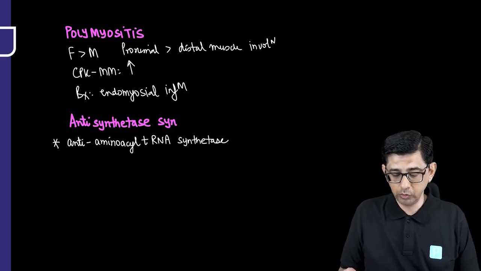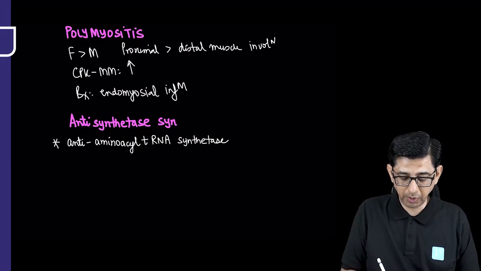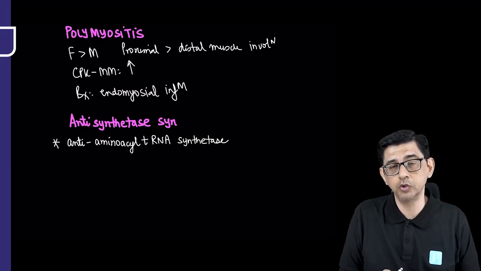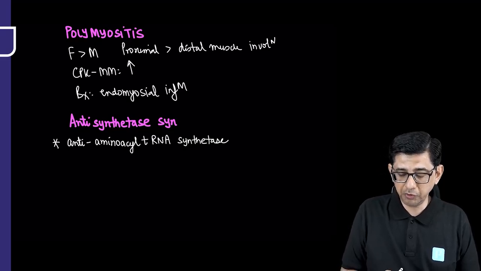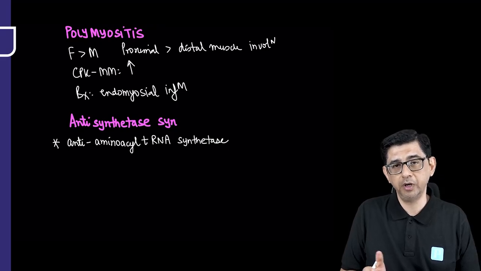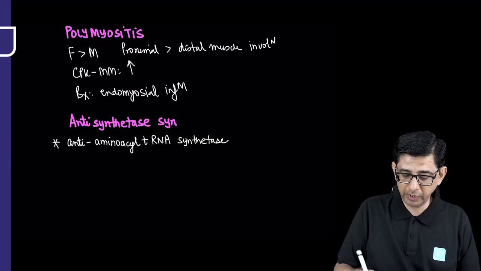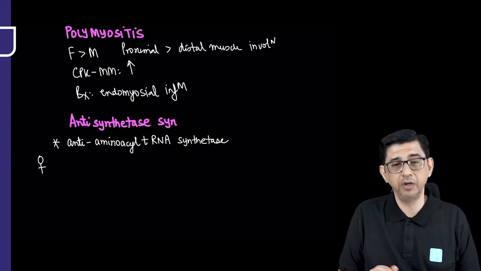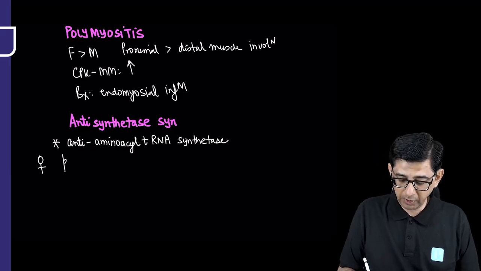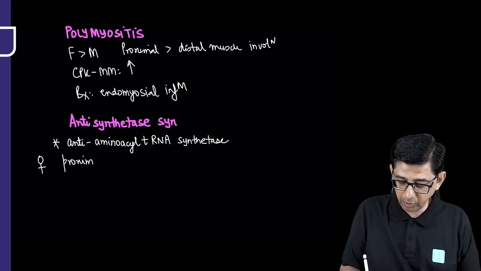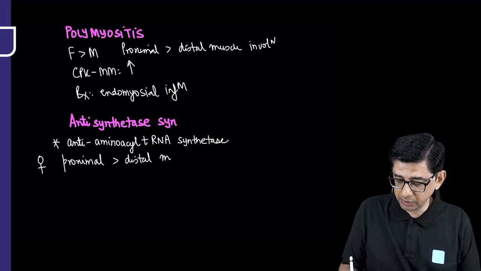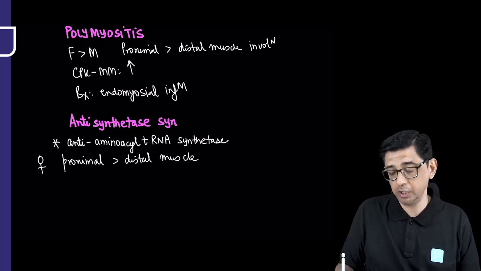And at this moment, I also want to bring to your attention that sometimes in patients of anti-synthetase syndrome, some features of polymyositis can also be described. So do not be surprised if they do mention that symmetrical muscle involvement for this particular case. In fact, the question will again open up by describing a female patient. It will again say proximal muscle weakness more as compared to distal muscle weakness, and the symmetry will still be preserved.